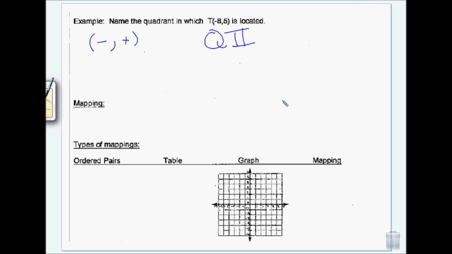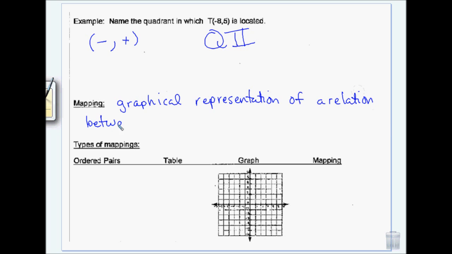Simple enough, hopefully. Mapping is a graphical representation of a relationship or a relation. And there are 4 types of mappings, and one of them happens to be called a mapping because they couldn't think of another word, I guess.